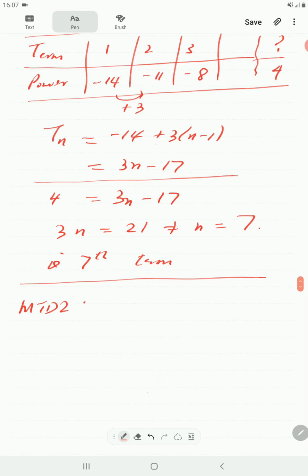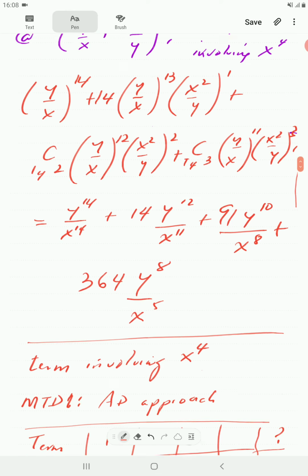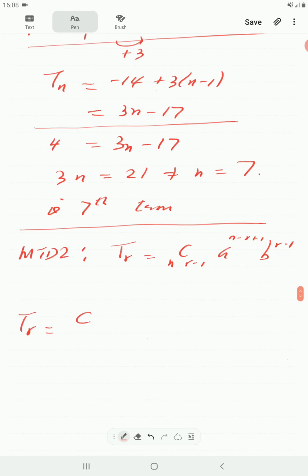So in the other method, method 2, we are going to use the formula for Tr. Say that Tr is going to have this form, with r minus 1. Okay, so this is term number r. So for the case in hand, n, that's the power, n is 14. And then r minus 1 here.